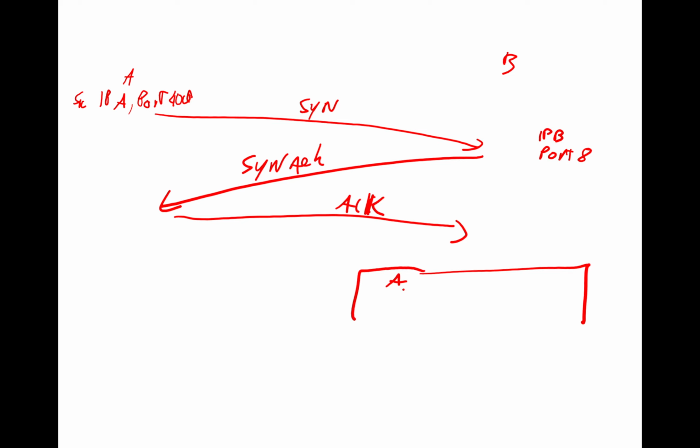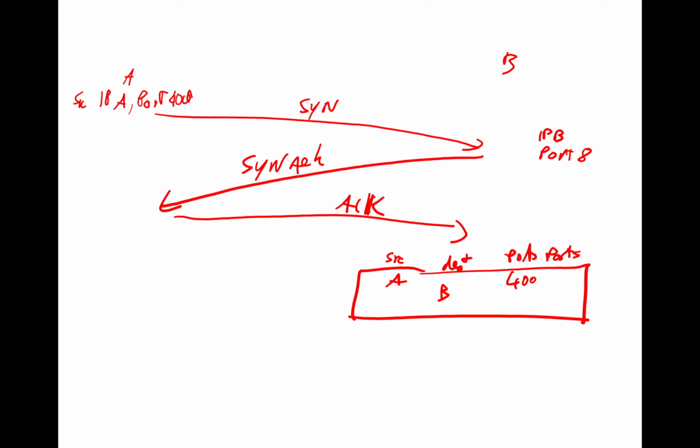We already saw a message from source to destination with ports. So we already know there's A and B, and we know that A stands for 4000 and B receives 80. And this is our memory table now.